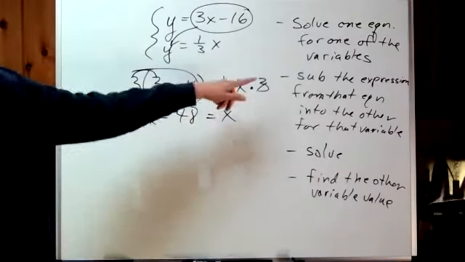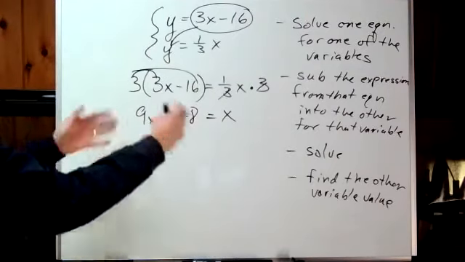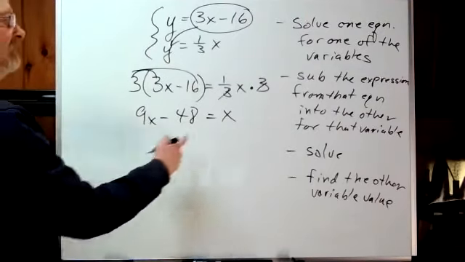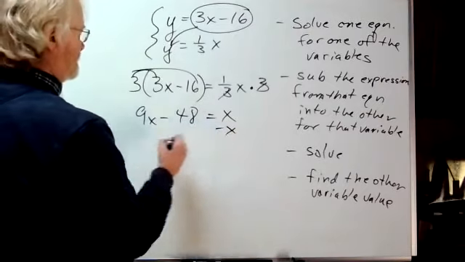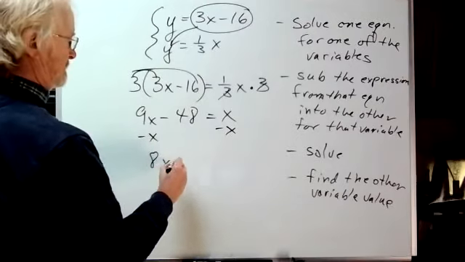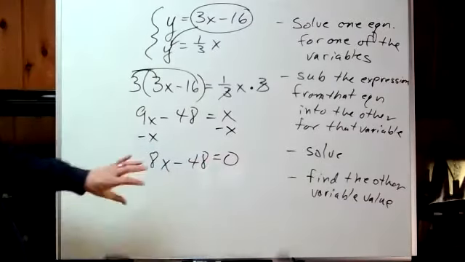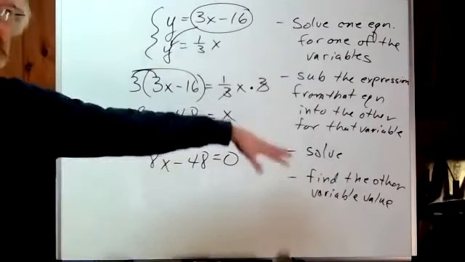Okay, that wasn't too bad, dealing with a fraction. So, gotta move things around here. I'm gonna move this 1x. I got all the x's over here, so now I'm gonna move the 48.